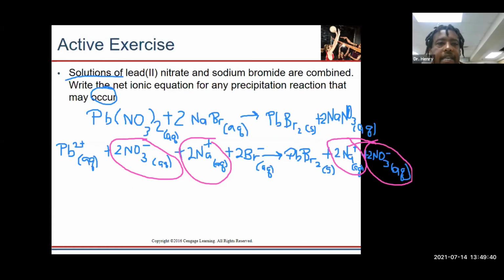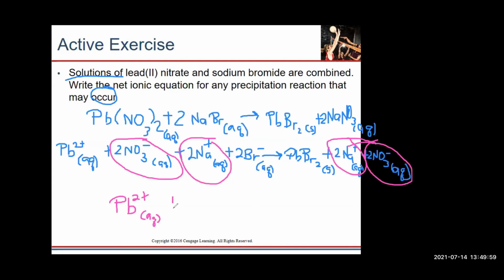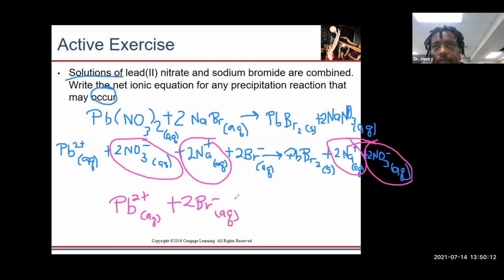Okay. So then my net ionic equation is going to be Pb 2 plus aqueous plus 2Br negative aqueous, and then your yield sign, PbBr2 solid. Okay. Questions, concerns?